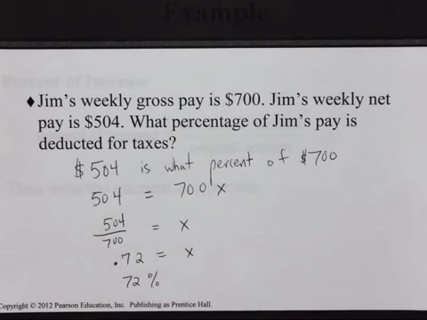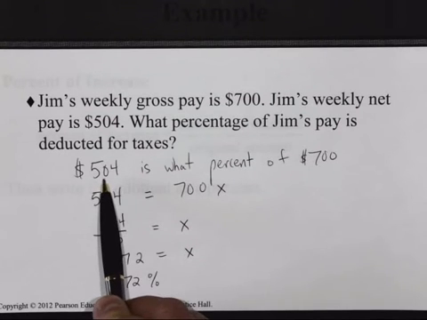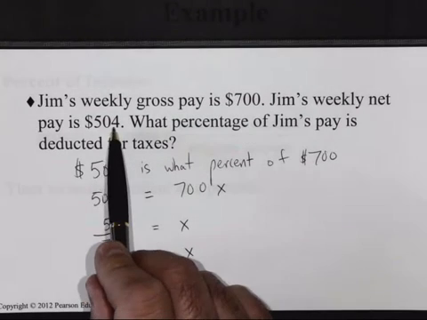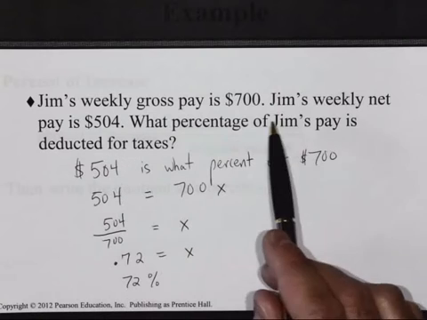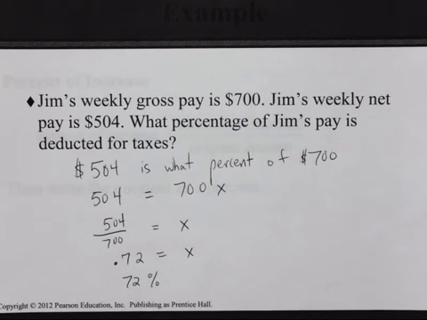Okay, so I just realized that we didn't answer the question here. Let's take a look at what's going on. It says that 504 is what he gets paid, right? So that's not how many taxes he pays. I misread the problem. We want to figure out what percentage he pays in taxes. So this 72% actually represents the percentage of his pay that he gets to take home.